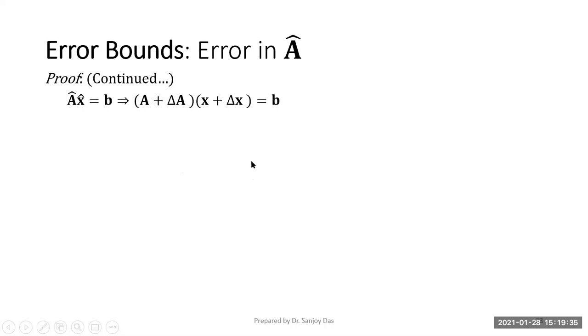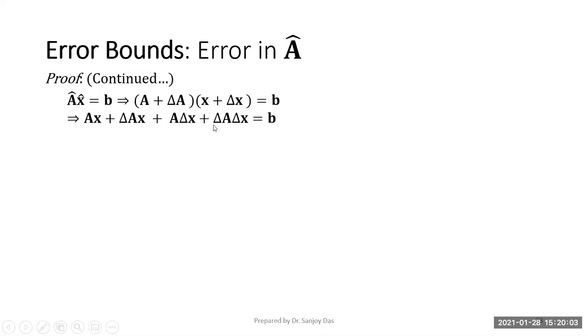What do I do next? Open up the parenthesis, right? And I'll make a small approximation here. What will that be? If delta A and delta X are small, which term can we neglect, drop?